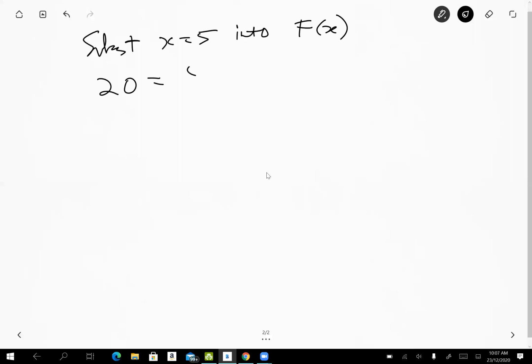So you substitute x equal to 5 into f of x. So you get 20 equal to 5 over 4, 5 to the power of 4 minus 9 times 5, plus C. Okay, what do you get for C?